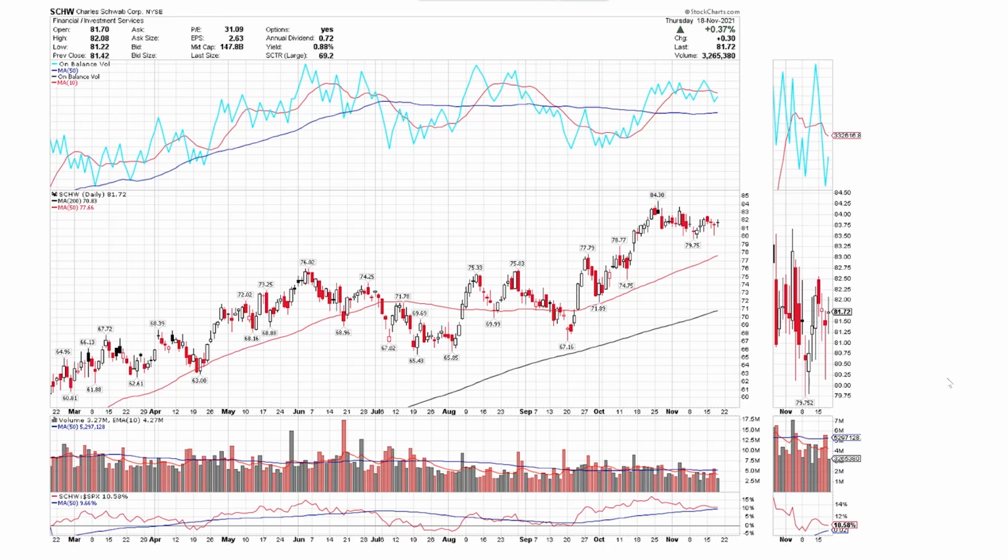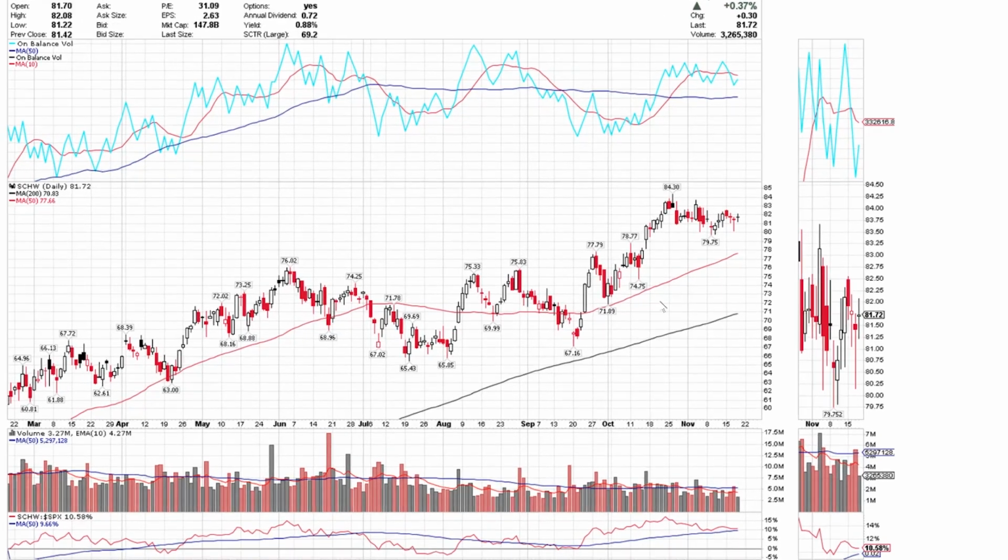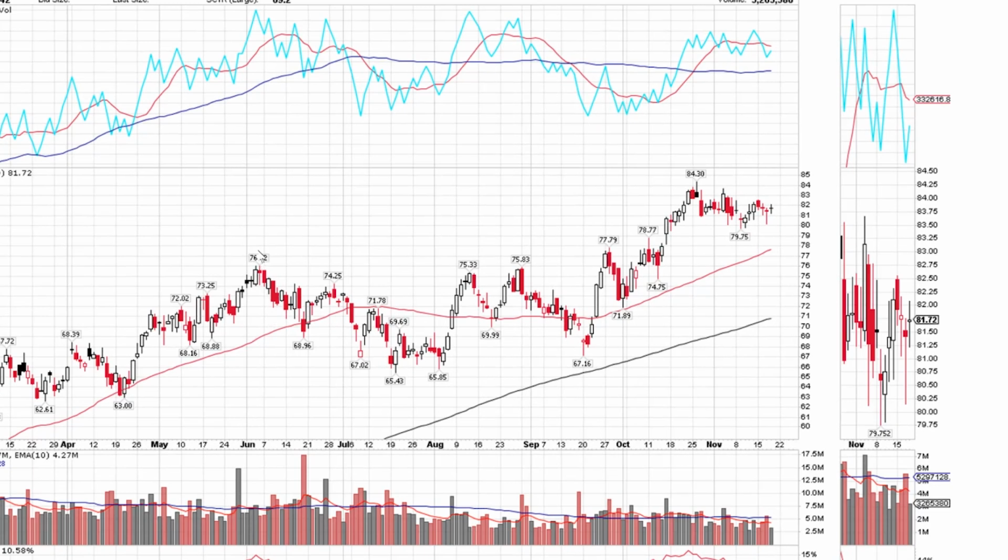Well, notice the reaccumulation structure from June to late September, and that beautiful trading range has subsequently turned into a nascent new uptrend, which appears to be in force, and has gone as high as nearly $85.